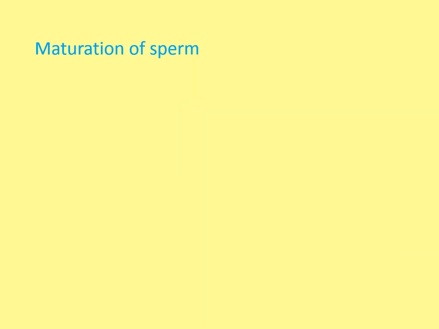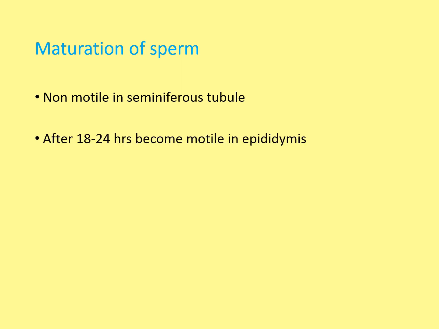Maturation of sperm: after formation, spermatozoa are non-motile in the seminiferous tubule but become motile after they spend almost 18 to 24 hours, so almost one day, in the epididymis.